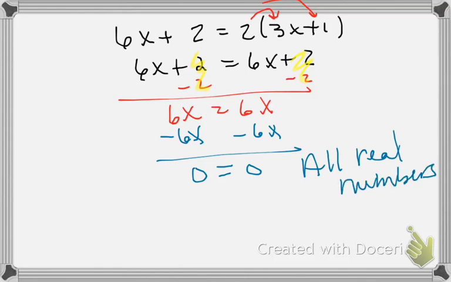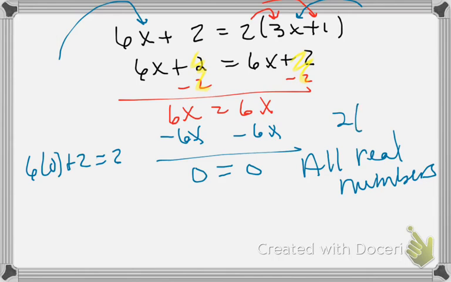That means any value that I plug in for this x and the same number in this one, they will always be equal. Any number. So I could put 0 in there, I could put 1 in there, I could put 2 in there, it doesn't matter. Let's say I put 0 in there, that would make it 2 on this side, and 2 times 1 is 2 on the other side.